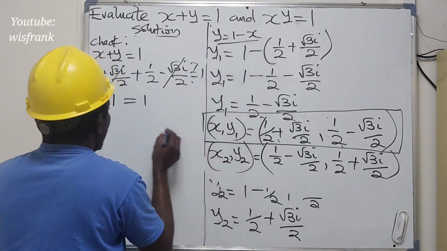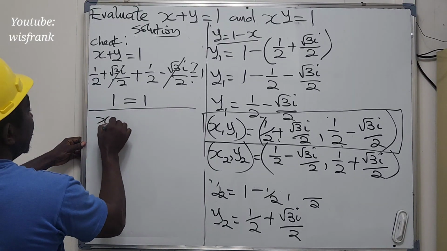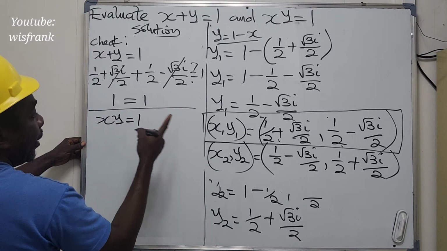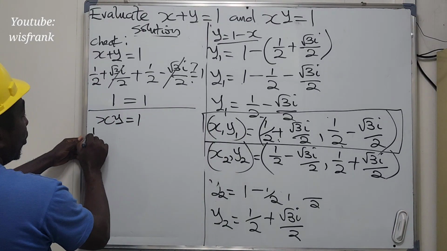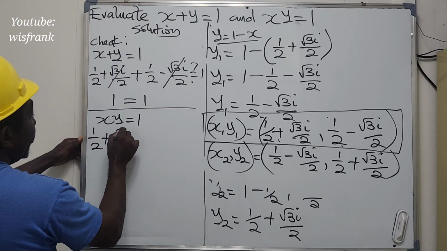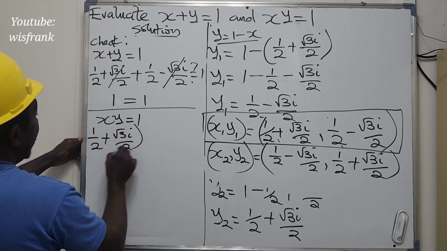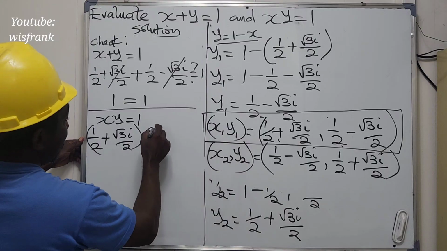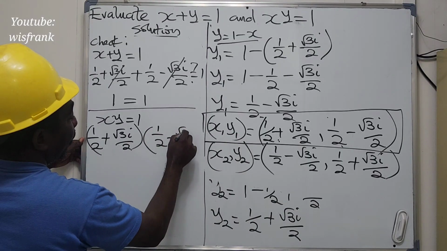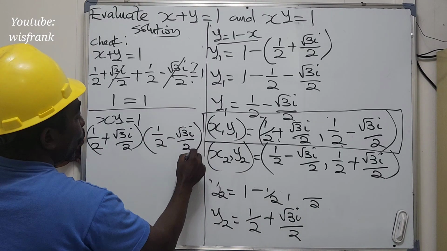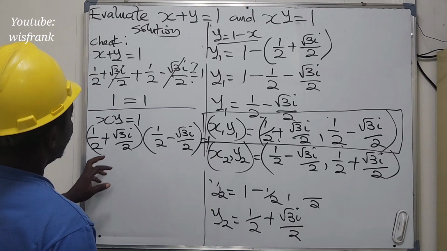Let us check the second equation, where we have xy equals 1. The value of x equals 1 all over 2 plus root 3i all over 2. Then we need to multiply by y, which is 1 all over 2 minus root 3i all over 2. Will it equal 1? Let's check.